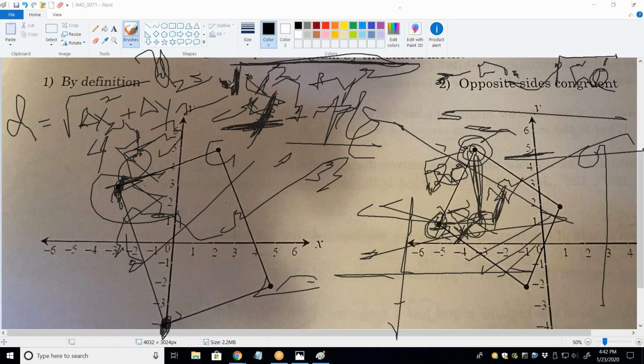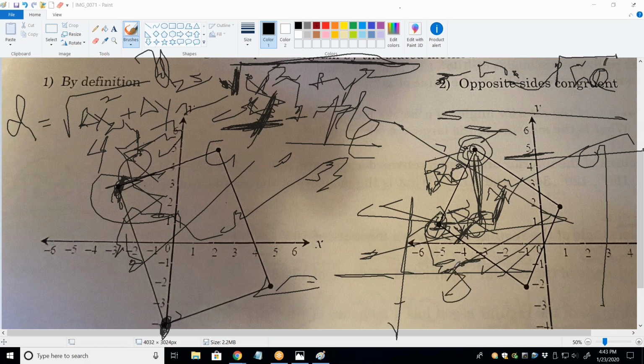What is that? Let me think. What's 4 squared? Isn't it 25? Okay, what's square root of 25? 5. That's the distance of that line, 5.